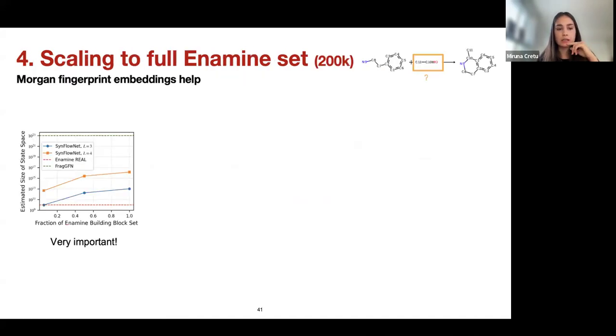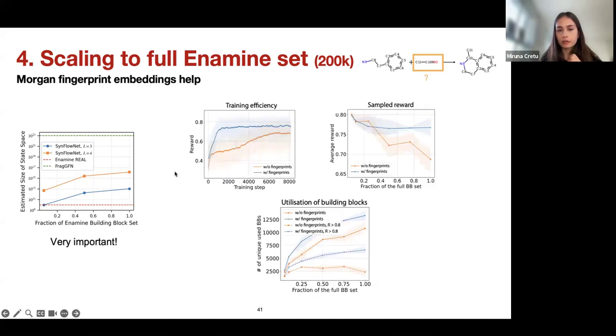In terms of scaling experiments, which, remember, are very important because we want to be able to scale to libraries of really large numbers of reactions and starting materials or building blocks, I'm looking here at the performance of using the fingerprint bias compared to not using it.